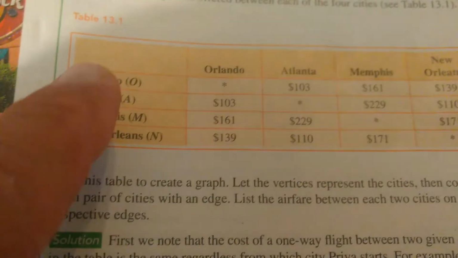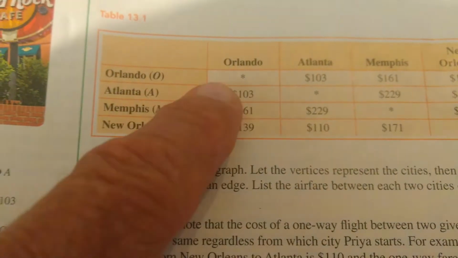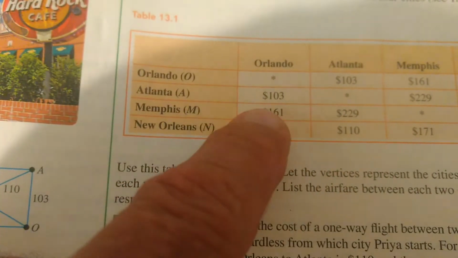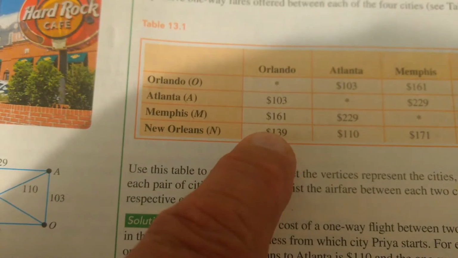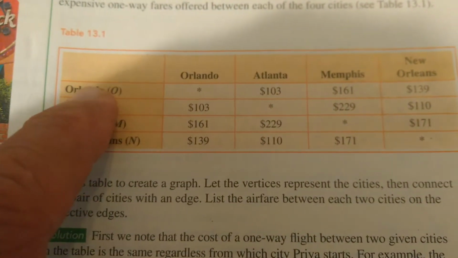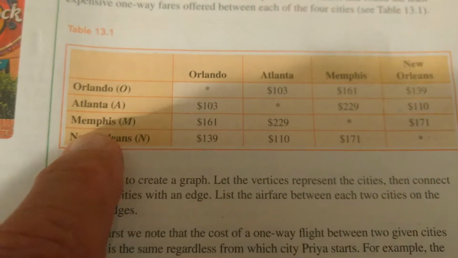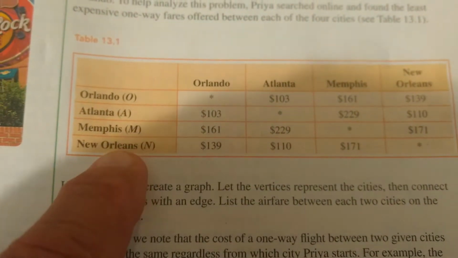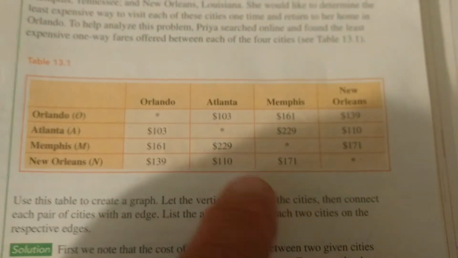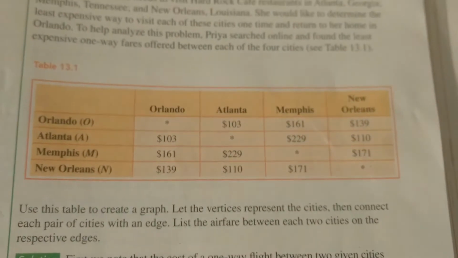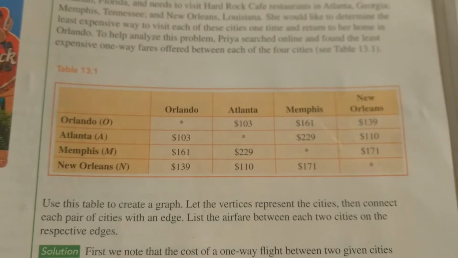Okay, so obviously you don't want to take it from Orlando to Orlando, but this is Atlanta to Orlando, Memphis to Orlando, New Orleans to Orlando. Then here we have Orlando to Atlanta, Memphis to Atlanta, New Orleans to Atlanta. And if we go down here, see these little stars right here represent no flights from the same city.